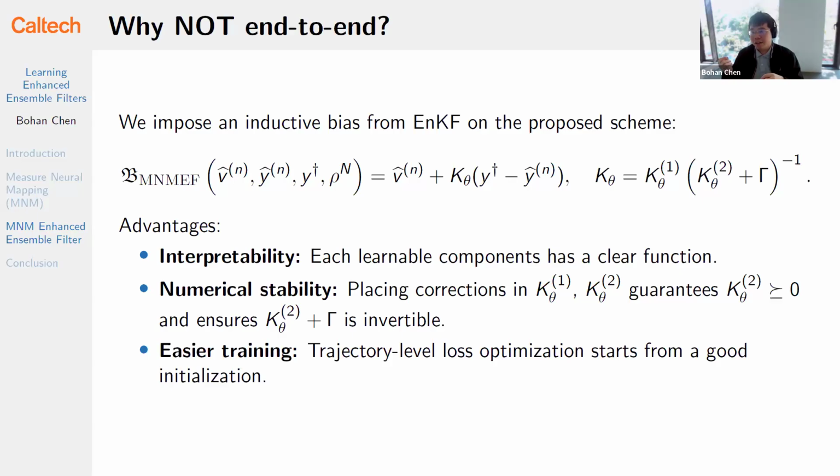I will introduce the training loss later. That means if we don't start from a good initialization, the training loss will be very huge because all the dynamical systems are chaotic, so the filter might diverge to some other places. So we want to make it easier for training, and we want to start from something we know is reliable.